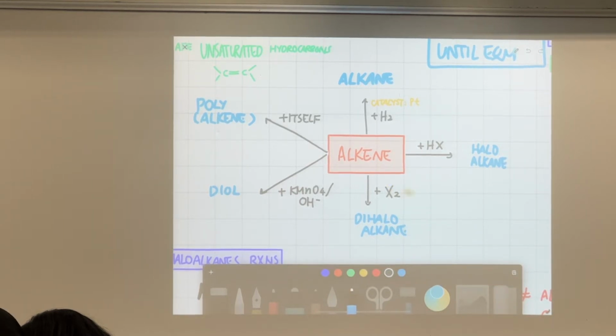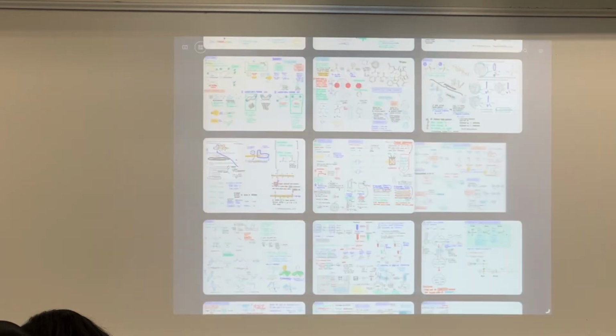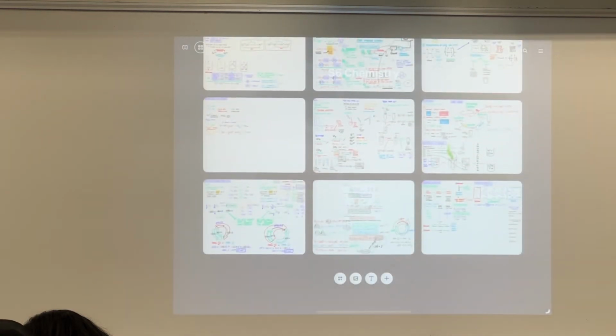That's what addition means. When you add hydrogen, which is one reactant, to alkene, the other reactant, there's only one product formed. Whenever you get only one product after you mix several reactants together, those reactions are called addition because you only add things. You did not take away anything out, right?